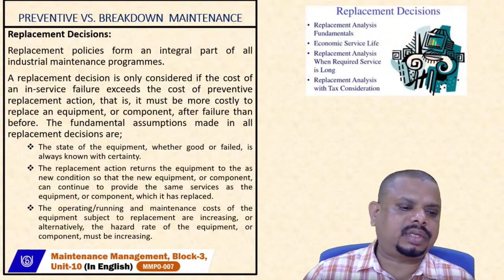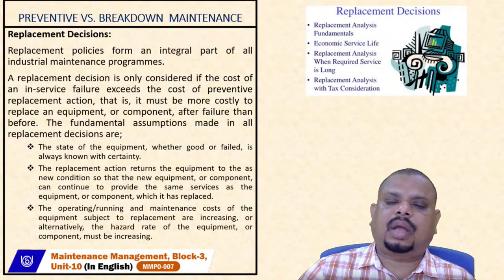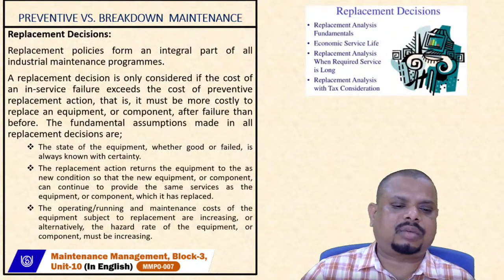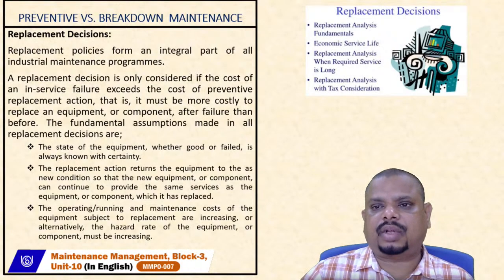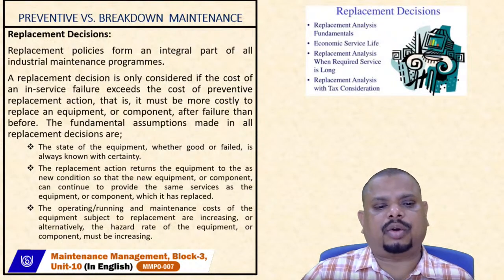And the third is that the operating and maintenance cost of the equipment subject to replacement increases, or the hazard rate of the equipment or component must increase. So these three decisions should be taken under the replacement policies.